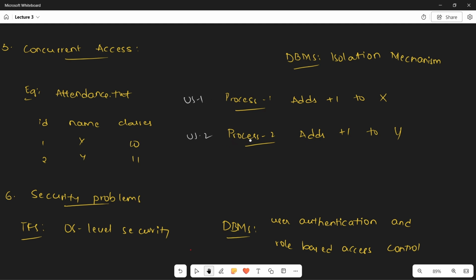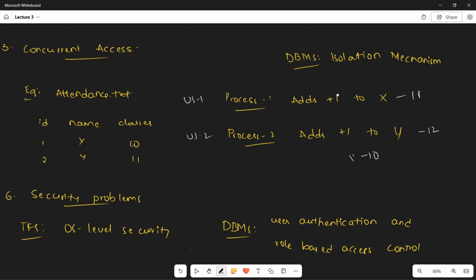Now, what happens to process 1? Process 1 adds one extra class to X, and X's classes would become 11. Whereas process 2 will add one extra class to Y, so the classes become 12. Here, when process 2 is adding to Y, X's classes would remain the same, that is 10.